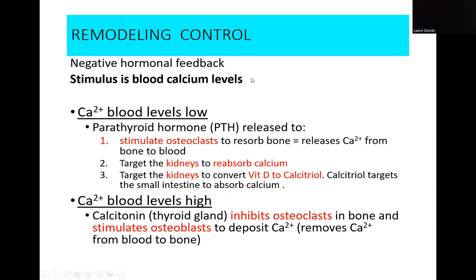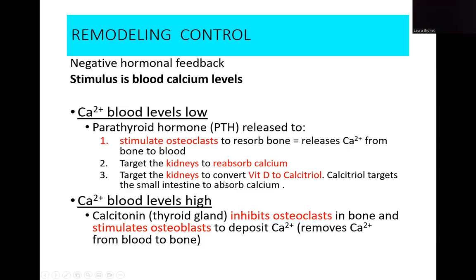All right. So what does that hormone do? It stimulates the osteoclast to release those lysosomal enzymes and resorb bone so that the minerals there, like calcium, enter into the bloodstream and you start to elevate blood calcium levels. Oh, but that's not all. It also targets the kidneys to reabsorb calcium that's passing through the kidneys where you're forming urine.